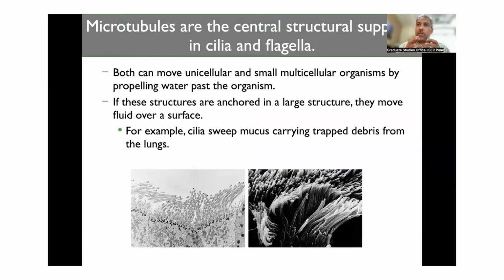Another example of how the same cytoskeletal component can be repurposed or used very differently is the example of microtubules being present in cilia and flagella, right? Which are very thick structures that move around and allow cells in our body, for example, the esophageal lining cells. There are many places where microvilli-like structures or cilia and flagella-like structures are present, right?